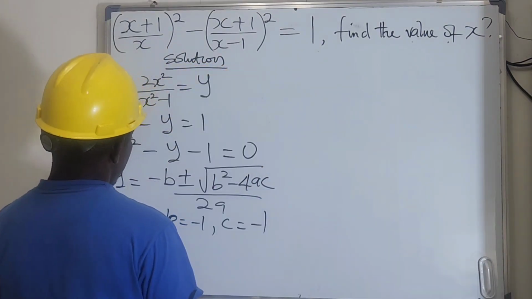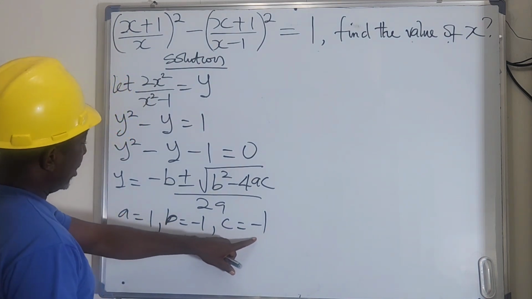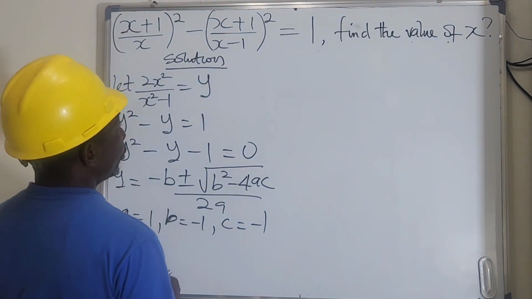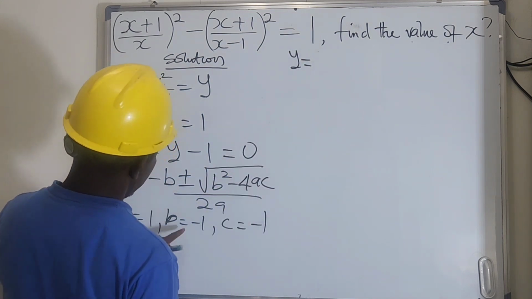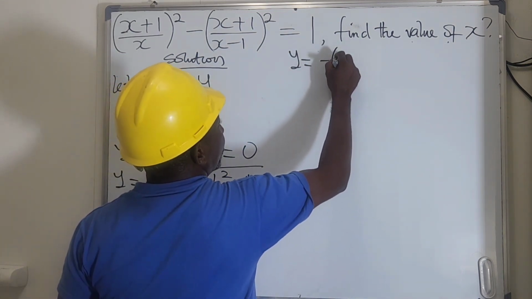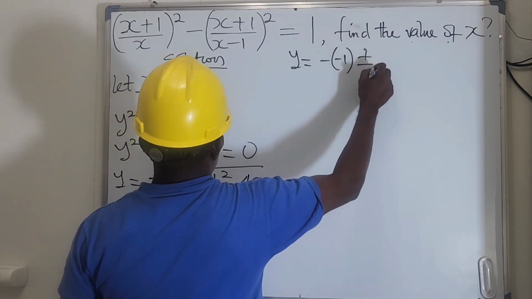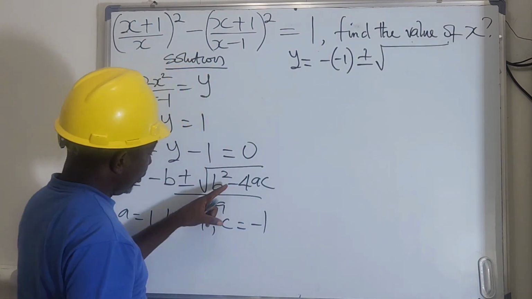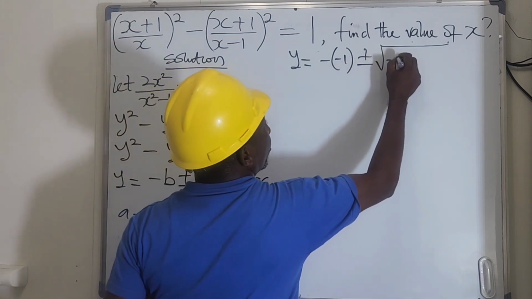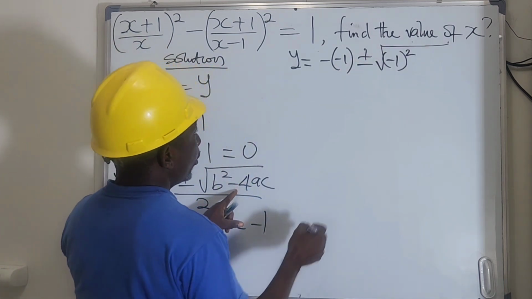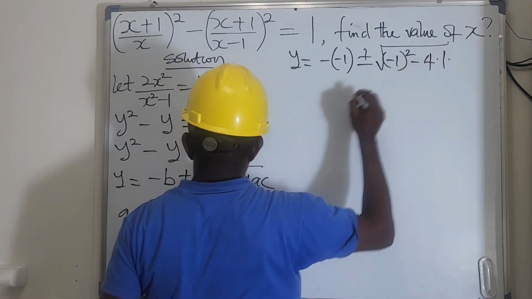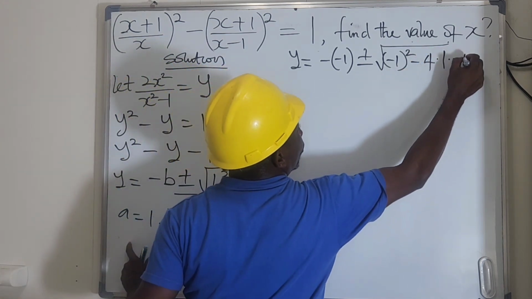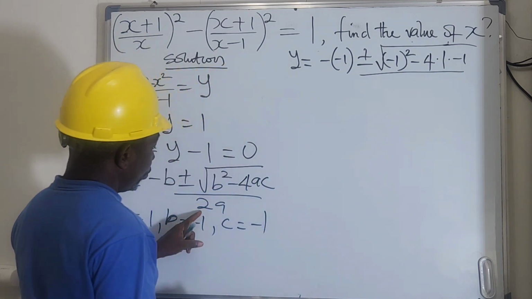So now here we are going to substitute these parameters into where we have here. So y equals minus b, which is minus into minus 1, plus or minus the square root of b squared, which is minus 1 squared, then minus 4 times a, which is 1, times our c, which is minus 1, all over 2a.